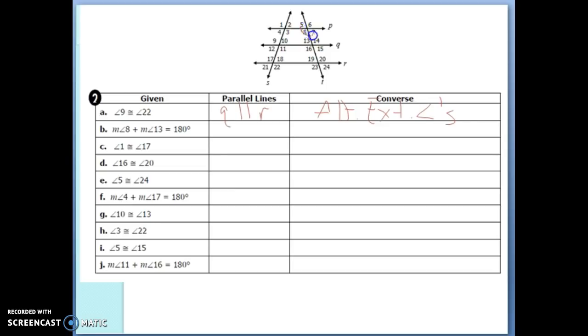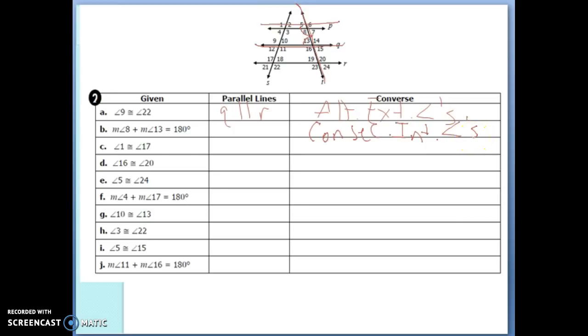Okay, so angle 8 plus angle 13 equals 180 degrees. Well, angle 8 and angle 13 are in between lines P and Q. They share the transversal, I'm sorry, the transversal T. So they're on the same side of the transversal, so that's consecutive, and they're in between, so consecutive interior angles converse.